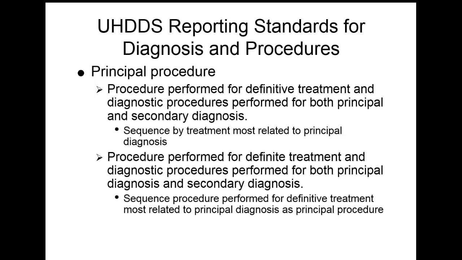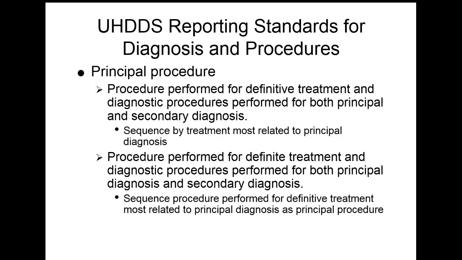So the principal procedure is that procedure that is performed for definitive treatment, and diagnostic procedures that are performed for both principal and secondary diagnoses. So you sequence the procedures based on the one that is most related to the principal diagnosis.